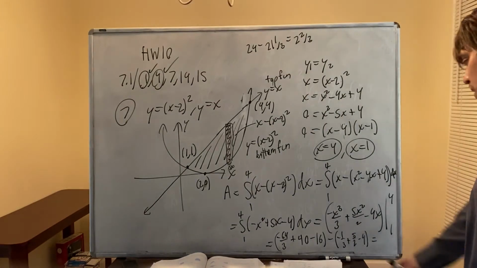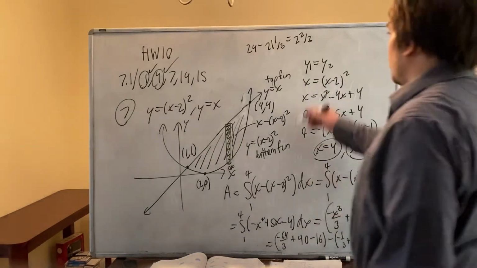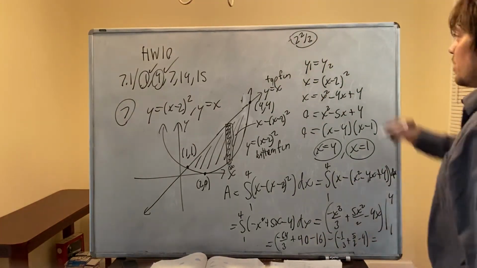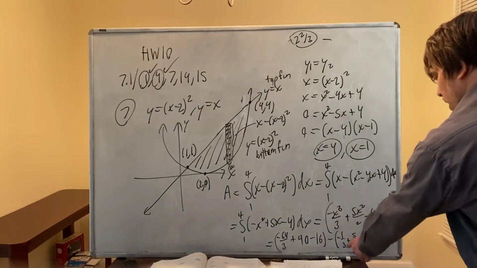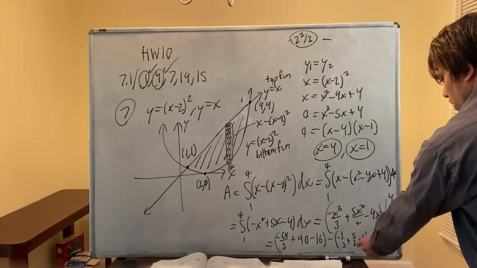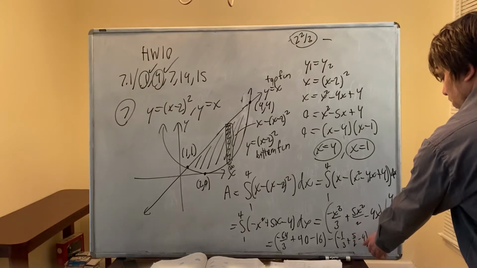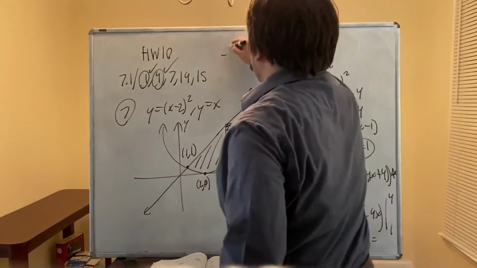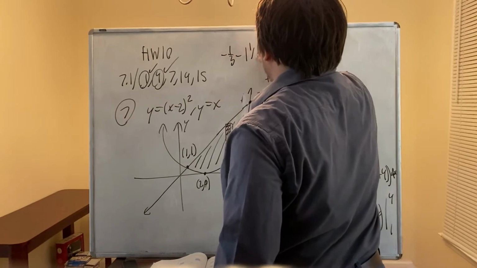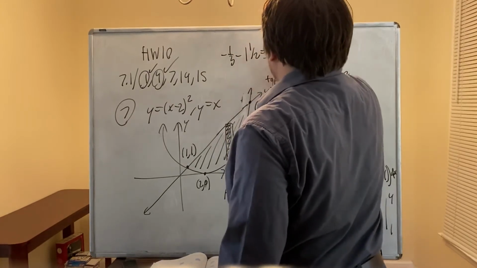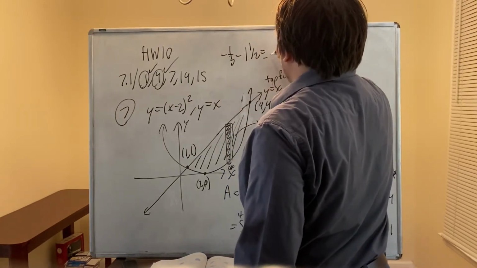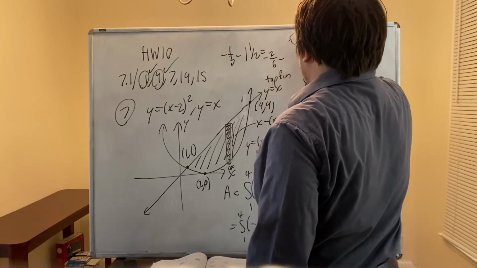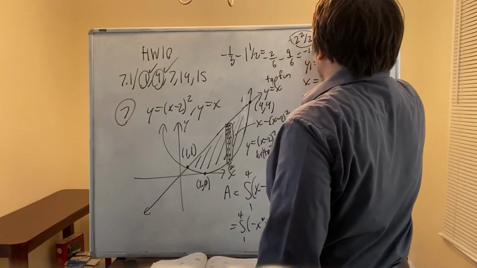That's the first one. Then 2 2/3 minus the negative 1/3 plus 5/2 minus 4. 5/2 minus 4 is 2.5 minus 4, that's negative 1.5. So negative 1/3 minus 1.5 is negative 2/6 minus 9/6, negative 11/6.